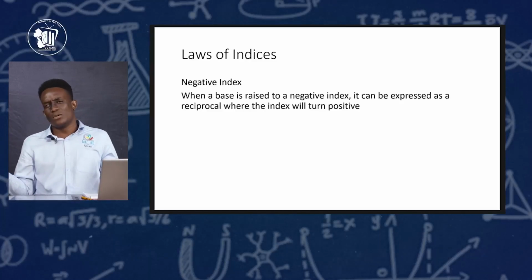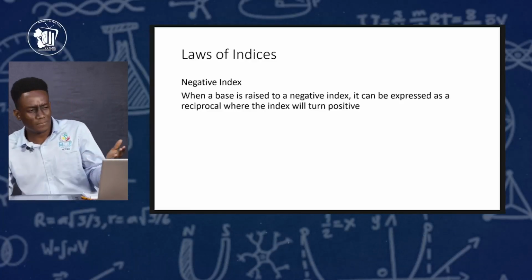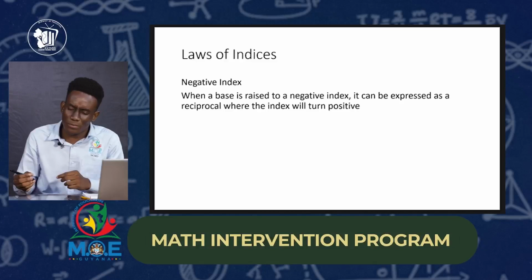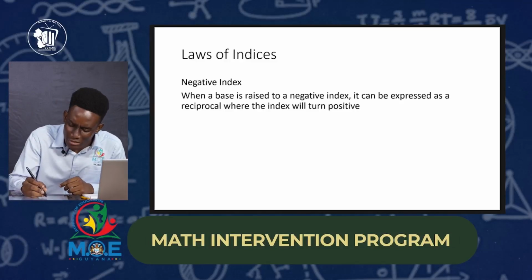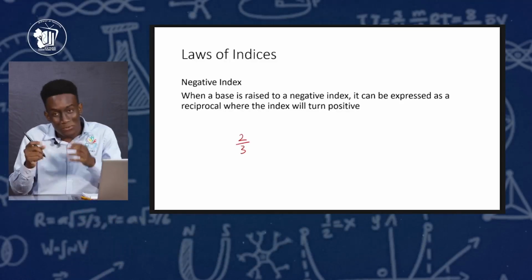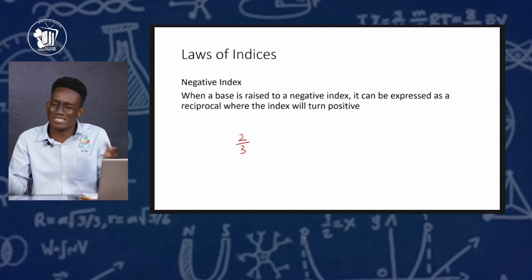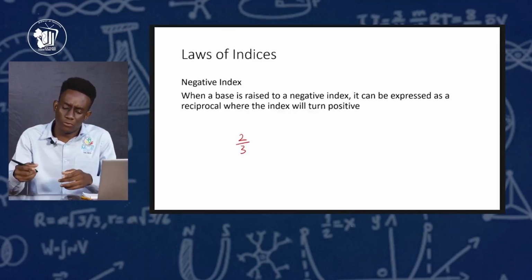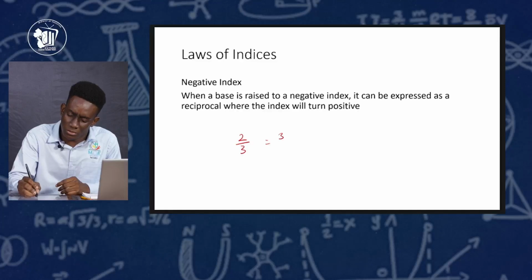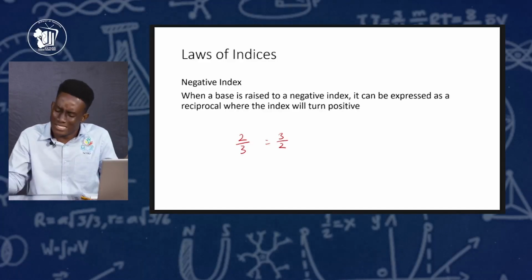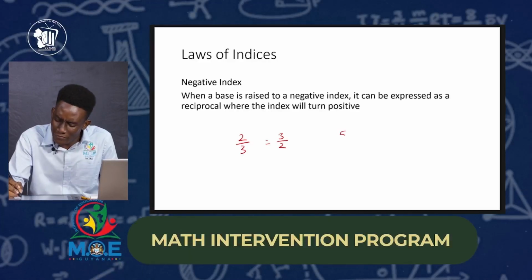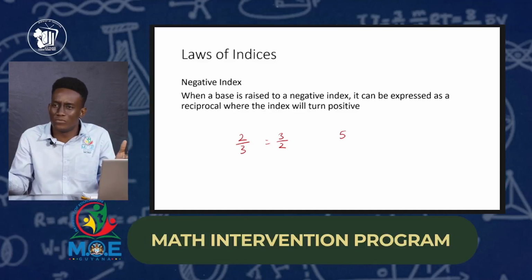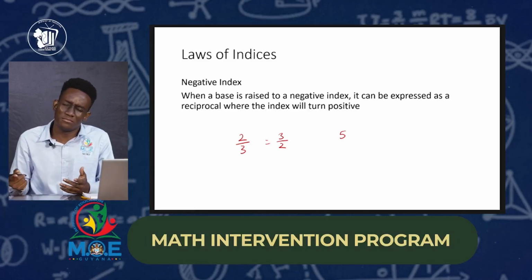Now, reciprocal is a big word. What does reciprocal mean? Let's say you had the fraction 2 over 3, and we wanted to find the reciprocal of this. This simply means you flip the fraction, and that is the answer. So the reciprocal of 2 over 3 is 3 over 2. Let's say we had the number 5 and I want to find the reciprocal of 5. Can we flip 5?